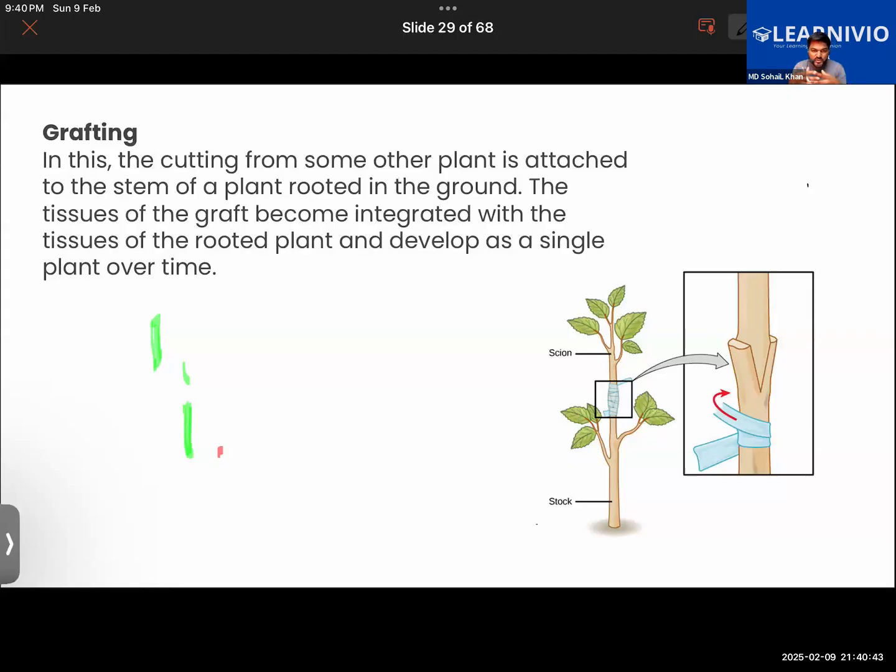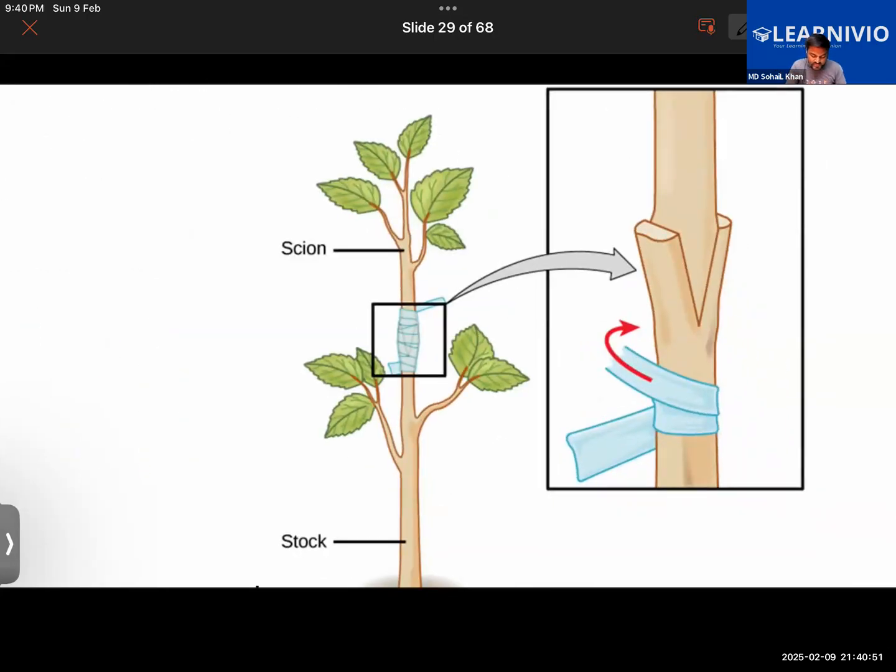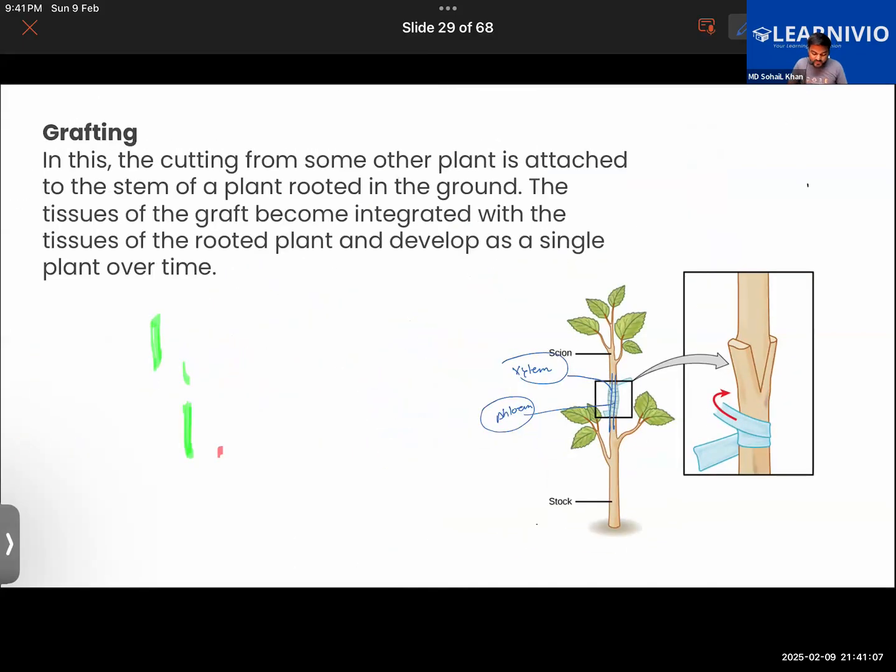They will merge together and start to grow as one single plant. The vascular tissues of the plant, like the xylem and the phloem, will also become one. So that is all about the method of grafting.